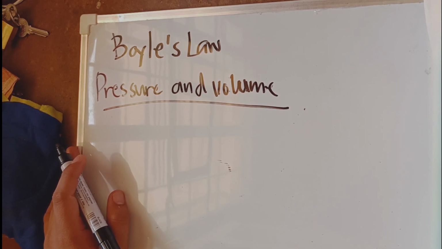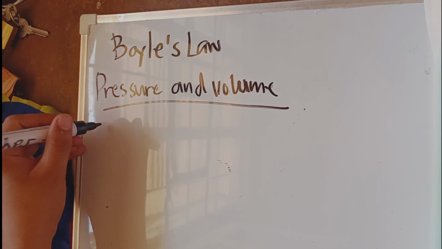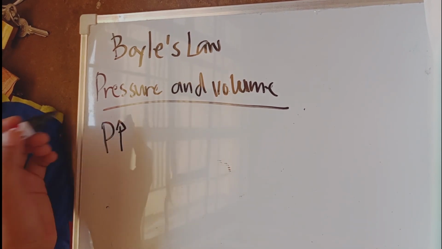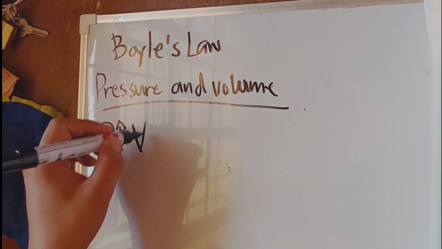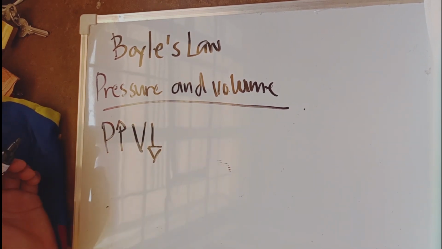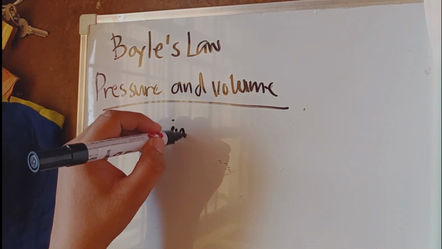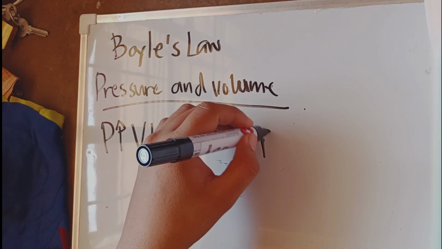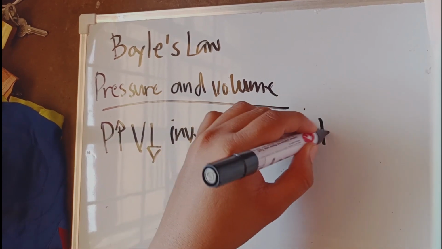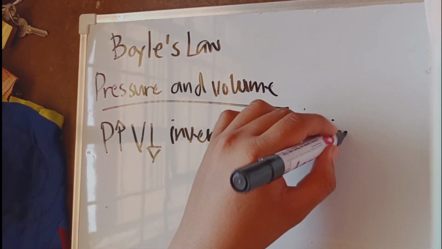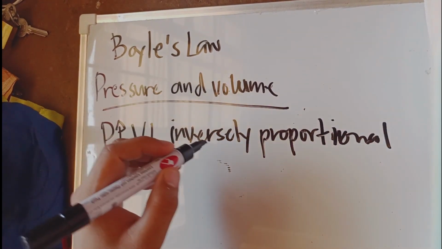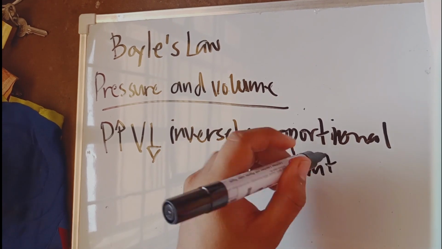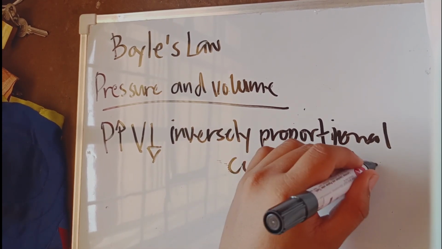In other words, if you have higher pressure, you will have lower volume. That means they are inversely proportional, with a constant temperature. The temperature here is constant. Take note of that.